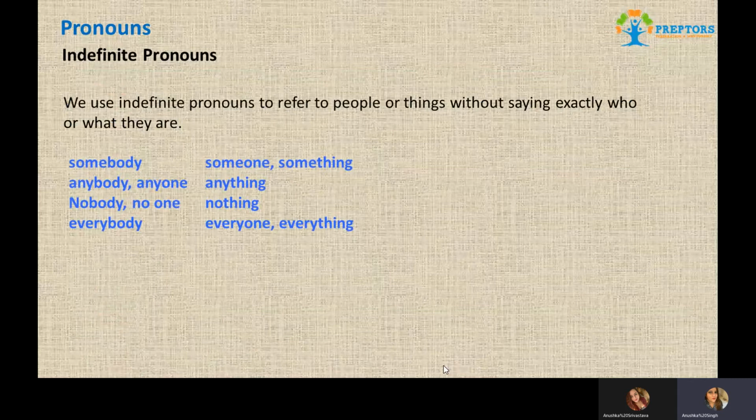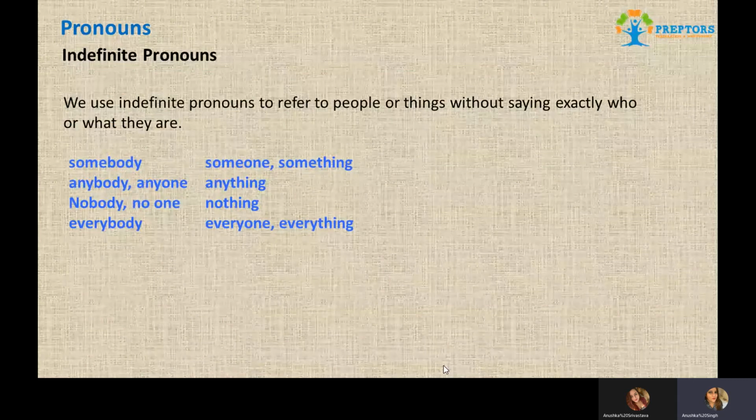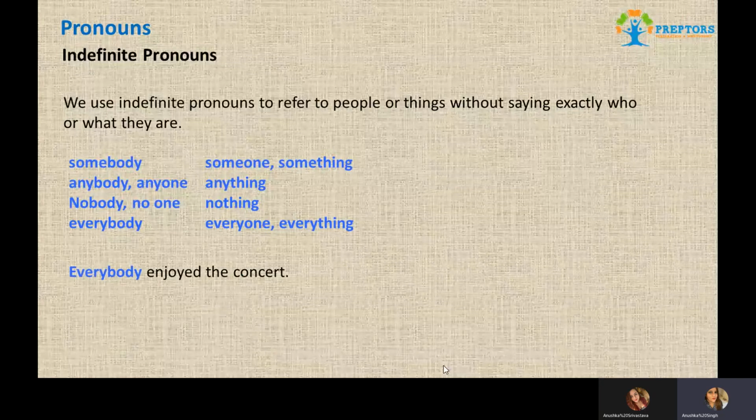All of these are examples of indefinite pronouns. The only rule that concerns indefinite pronouns is that they take a singular pronoun as well as a singular verb. So everybody enjoyed the concert. Everybody had brought along his/her parent.